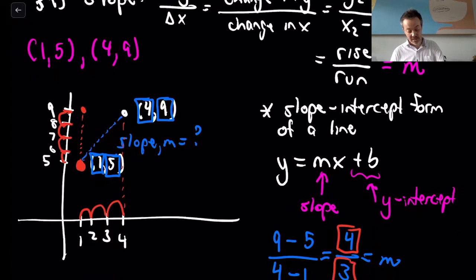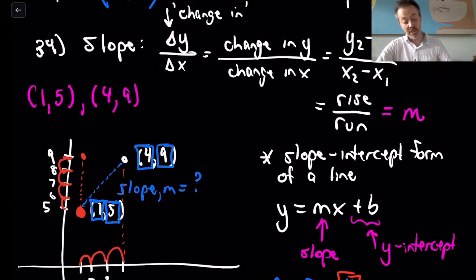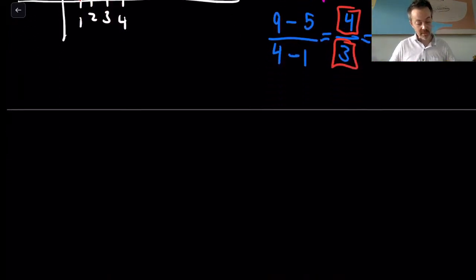So you can certainly count these if you have a nice graph. The problem is, if you don't have nice whole numbers like 1, 5 and 4, 9, you don't want to be counting points. You want to use the formula. But certainly you want to remember all of these things.